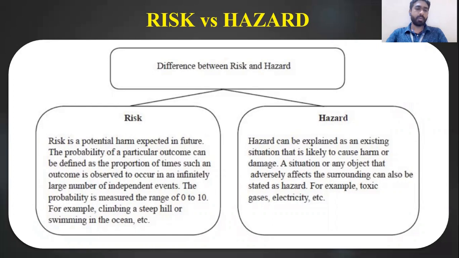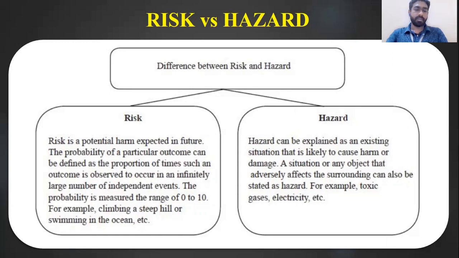The probability of a particular outcome can be defined as the proportion of the time such an outcome is observed to occur in an infinitely large number of independent events. The probability is measured in the range of 0 to 1.